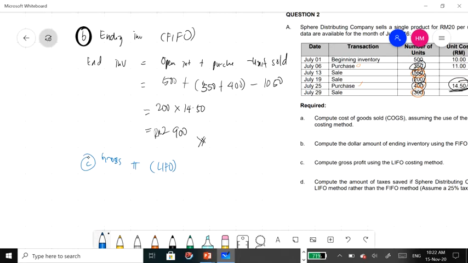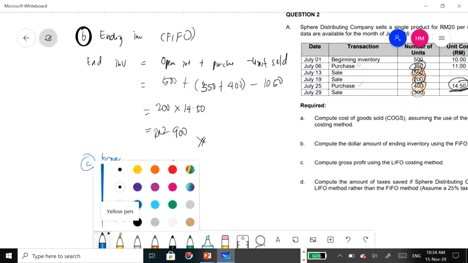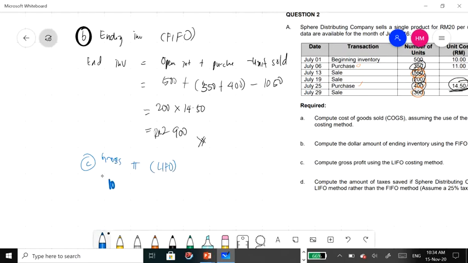Sales tolakkan dengan cost of goods sold. Padahal you akan dapat gross profit. So sales you, ambil lah yang 1,050 darabkan dengan RM20 sales you.